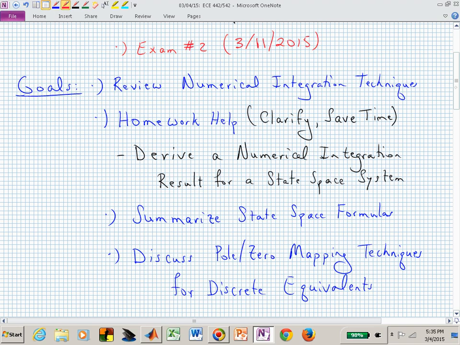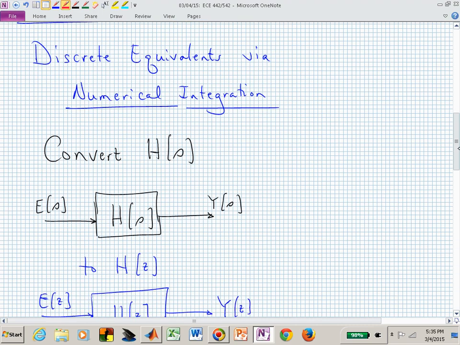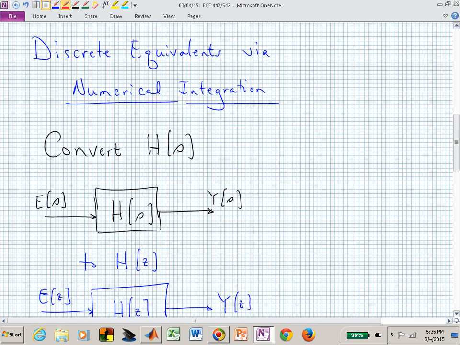As a summary of what we started with, relative to these different scenarios of doing discrete equivalence. Scenario number 2 was where we were preceding our system with a zero-order hold. And that's what we started with in finding these discrete equivalents.